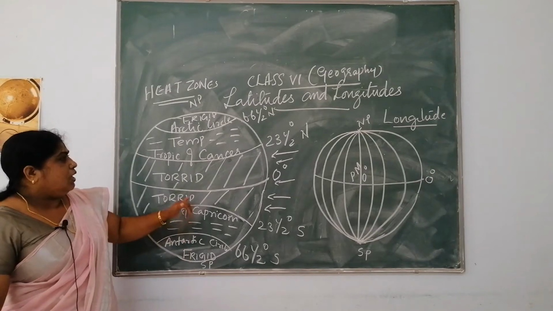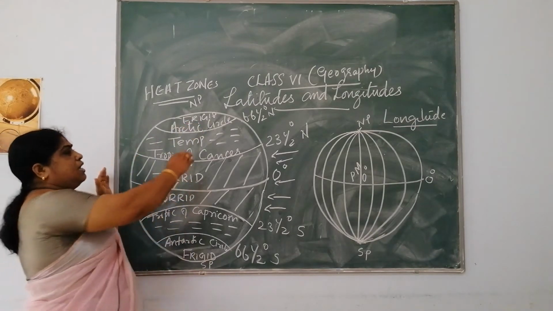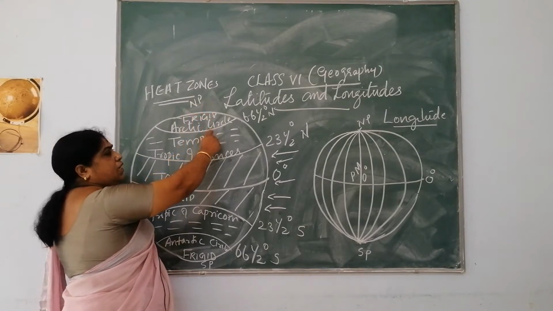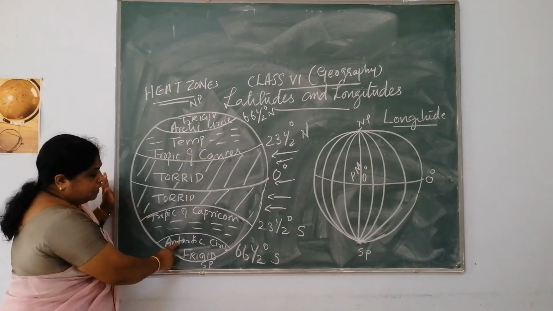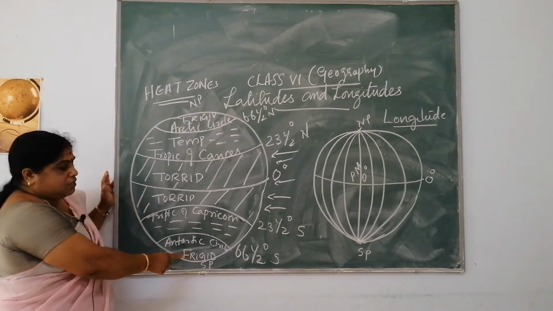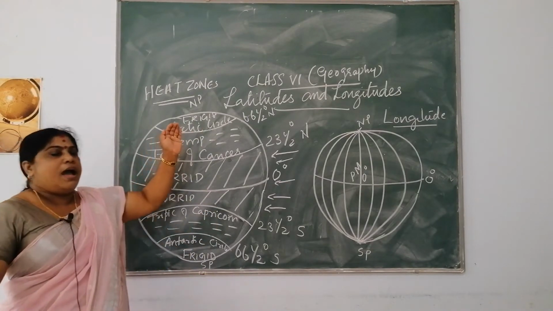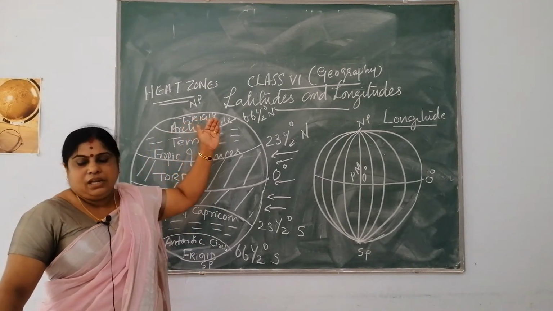Now the next heat zone is the frigid zone. The frigid zone lies beyond the Arctic Circle in the north and beyond the Antarctic Circle in the south. Here also the rays of the sun fall very slanting, and these areas are completely covered with ice and snow, and are very cold.